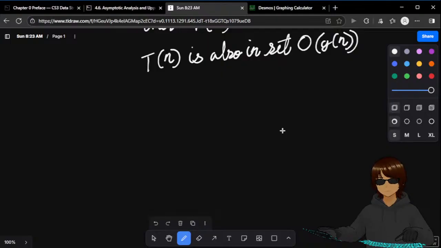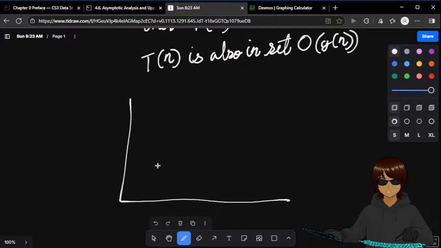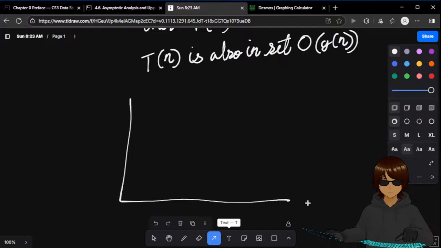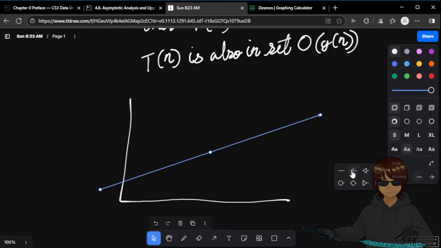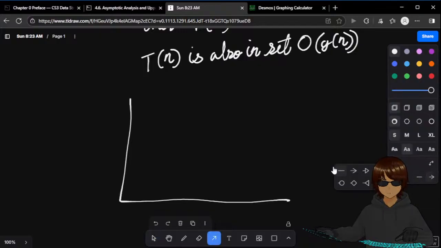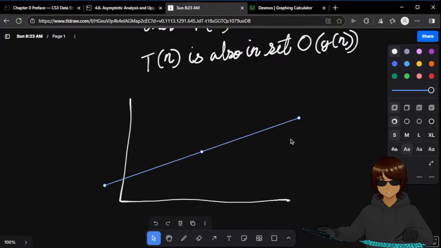If we have a straight line, and the comparison line, I will draw with the same gradient.